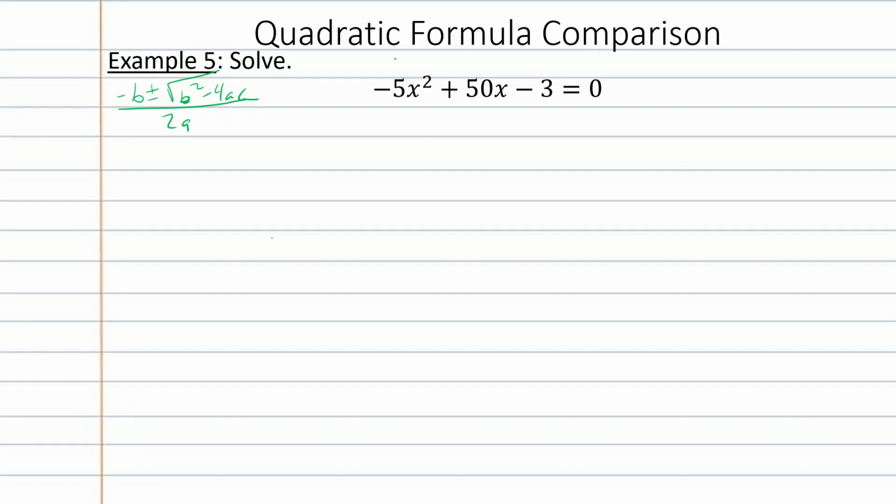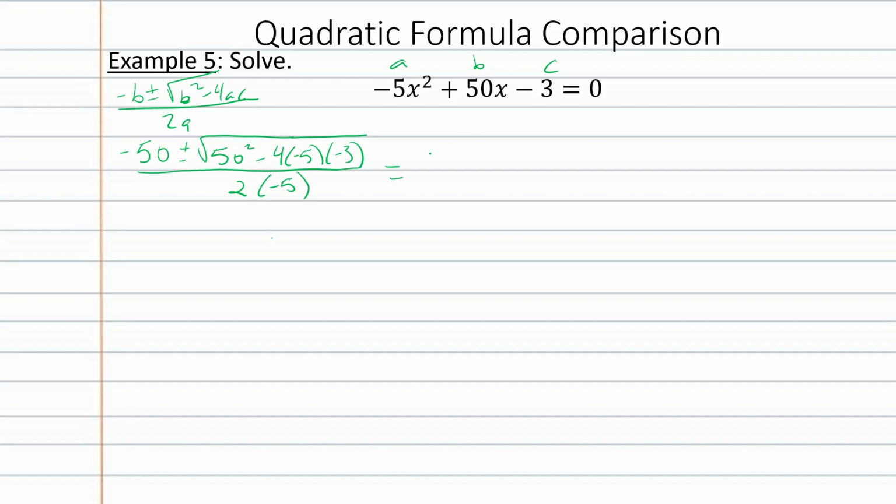Let's do that real quick. Remember, this is your a, this is your b, and this is your c. So that's going to give us negative 50 plus or minus the square root of 50 squared minus 4 times negative 1 times negative 3 all over 2 times negative 5.